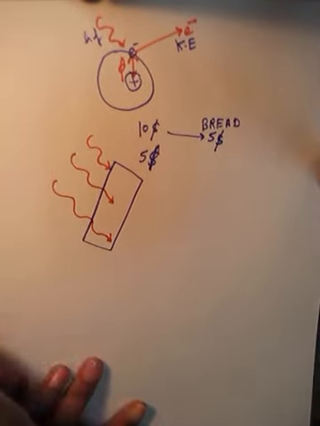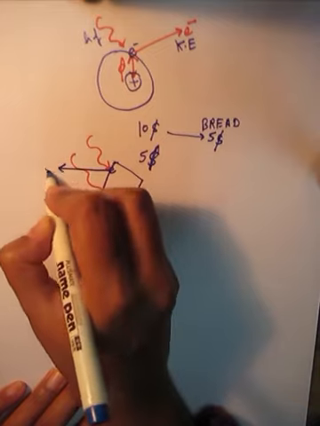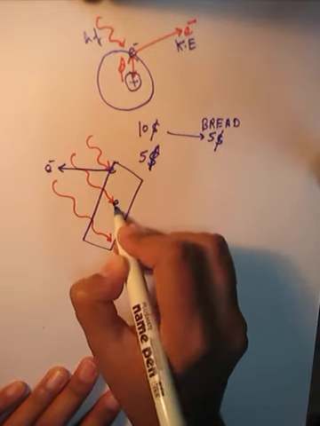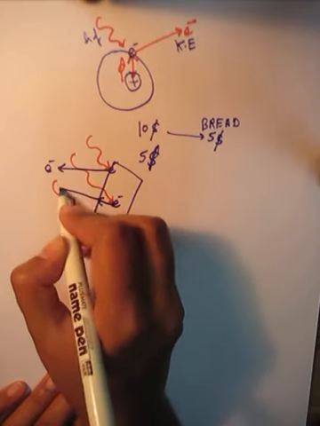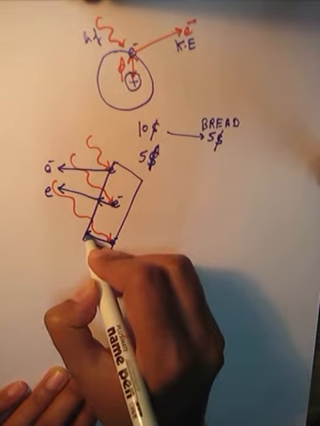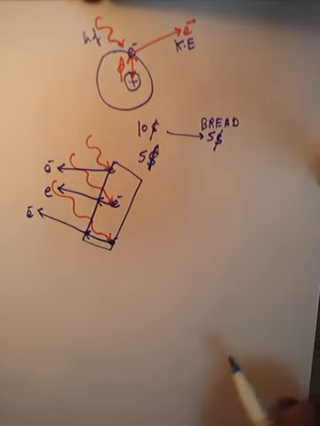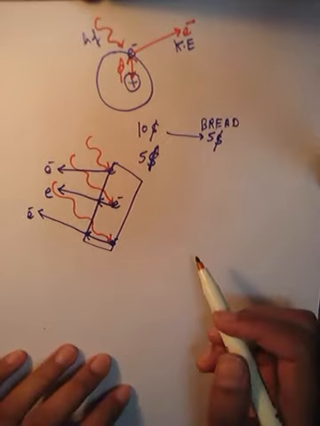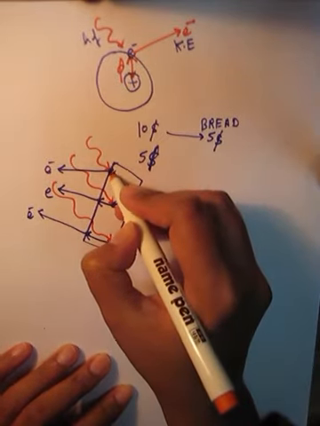The electron from here will just come out, and the electron which is here will first reach the surface and then come out. This electron will also first reach the surface and then come out.